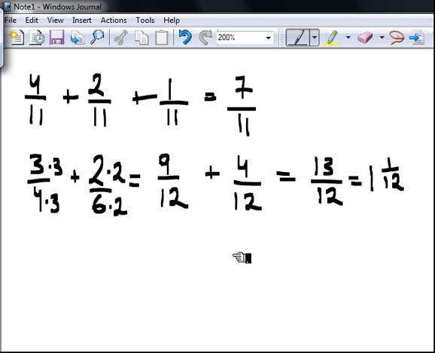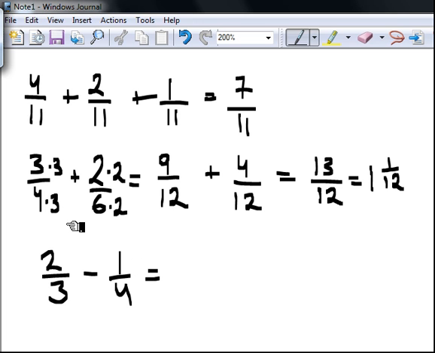Let's take another example. Let's take something with subtraction. Subtracting 2 over 3 minus 1 over 4.